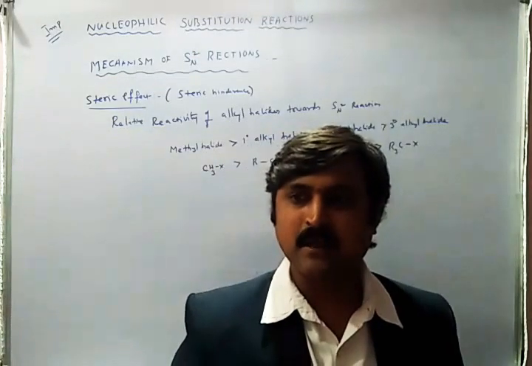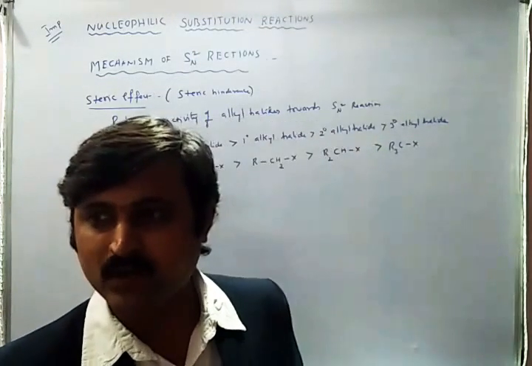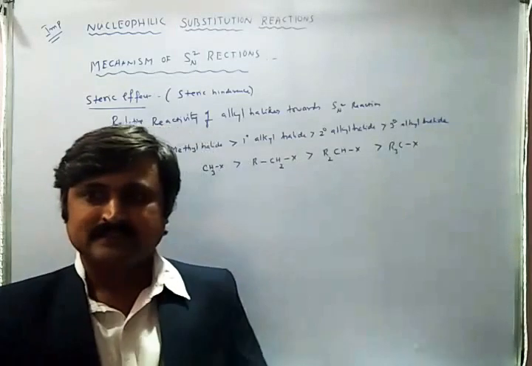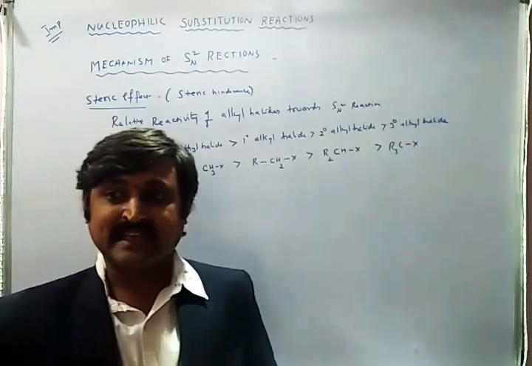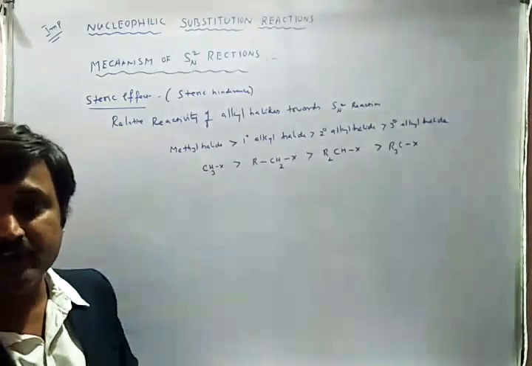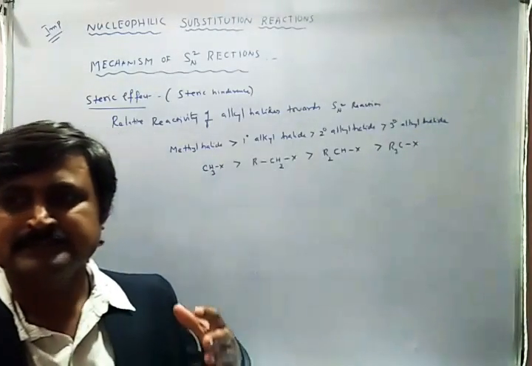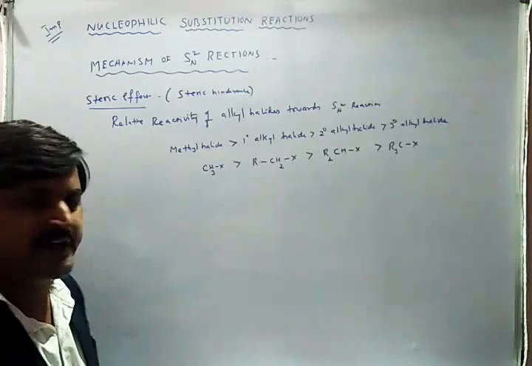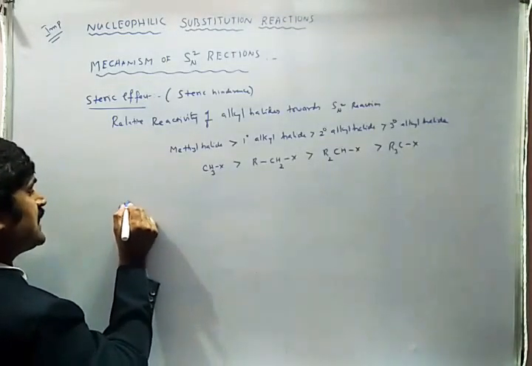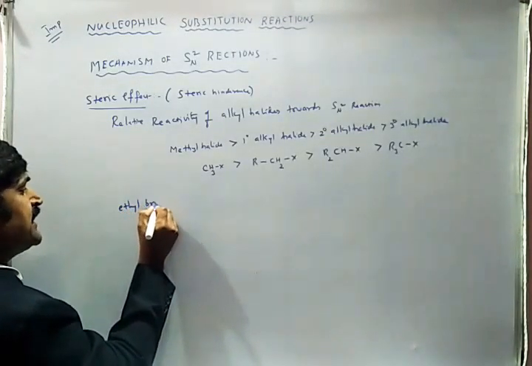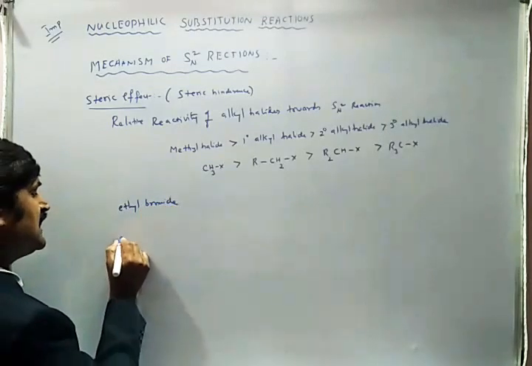It is not just the number of alkyl groups attached to the carbon undergoing nucleophilic attack that determines the rate of the Sn2 reaction. The size of the alkyl group is also important. That is the meaning of this entire steric hindrance concept. For example, take ethyl bromide and n-propyl bromide. Ethyl bromide is CH3CH2Br.